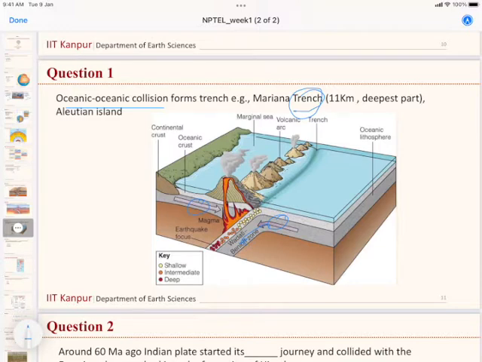The famous example of the deepest trench on the earth is the Mariana Trench, which has a depth of 11 kilometers. I hope till now everything is clear to all of you.